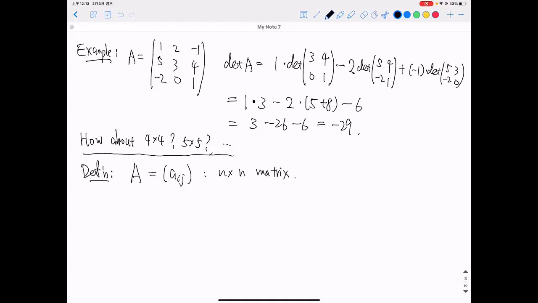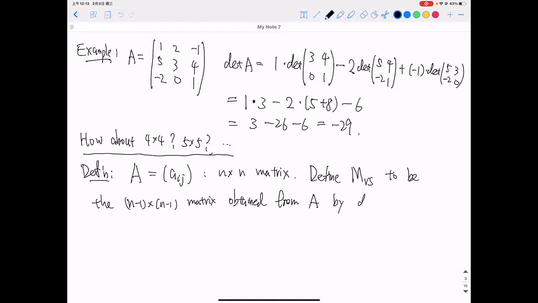Define M_rs to be the m minus 1 by m minus 1 matrix obtained from A by deleting the rth row and the sth column.